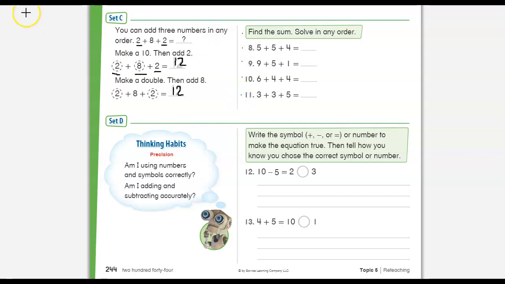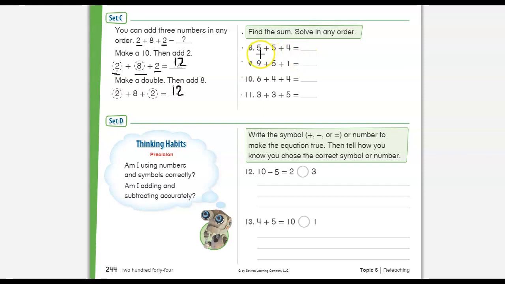When you press play, we'll begin talking about the answers. Alright, we're going to go over our answers for this first set, so if you're still working, make sure you pause the video.